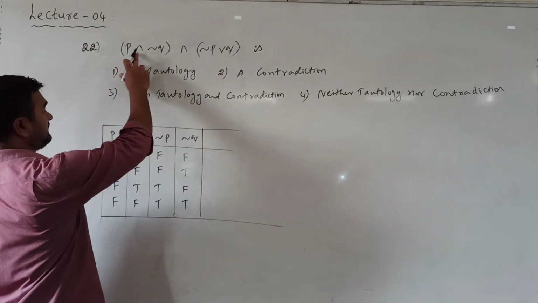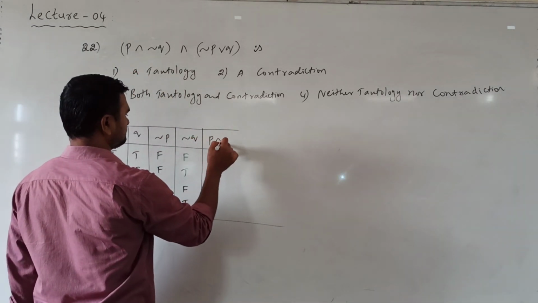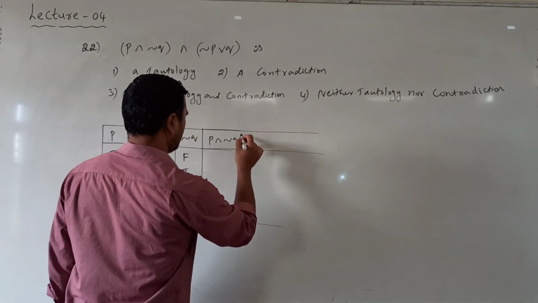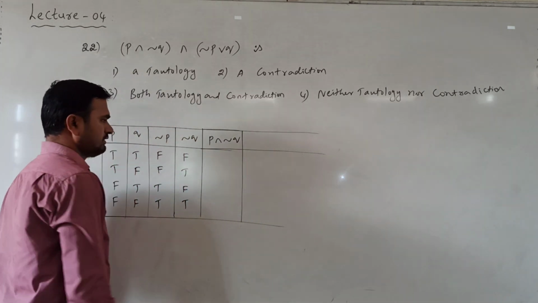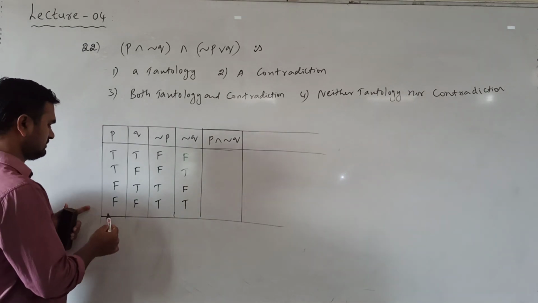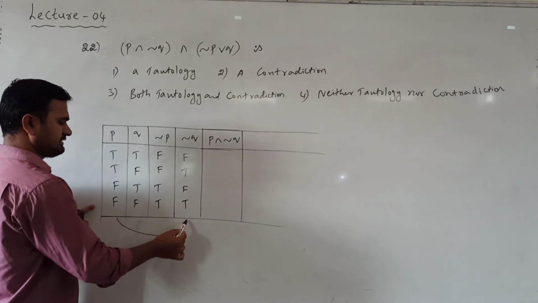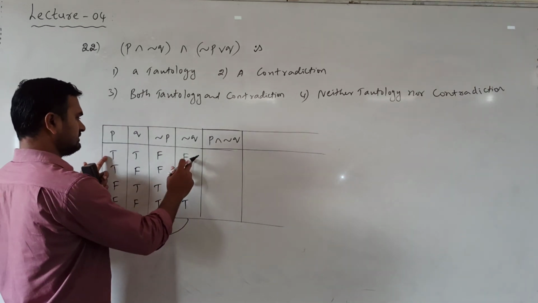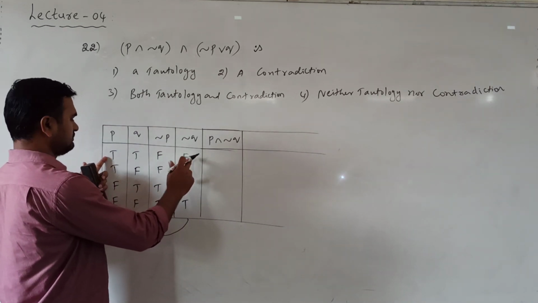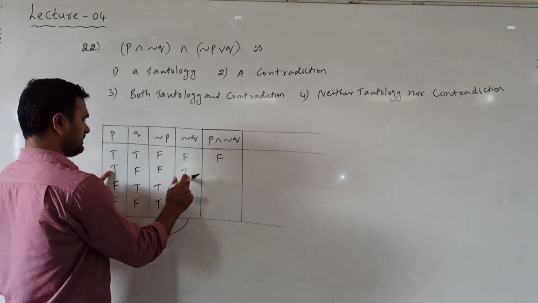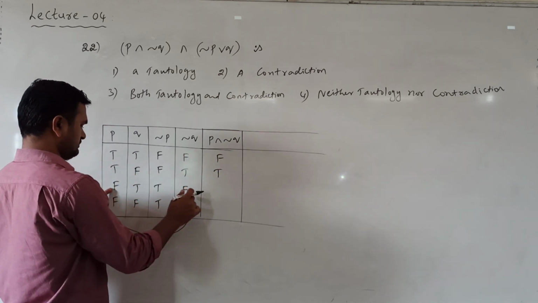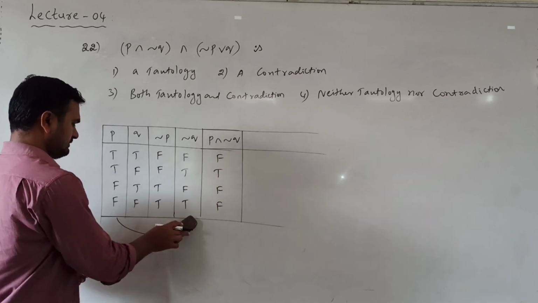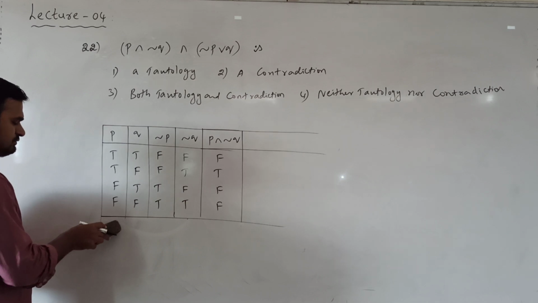Now we find P and negation Q. For these two we take the AND operation. AND is true when both are true. So the result is true, false, false, false. This is P and negation Q.